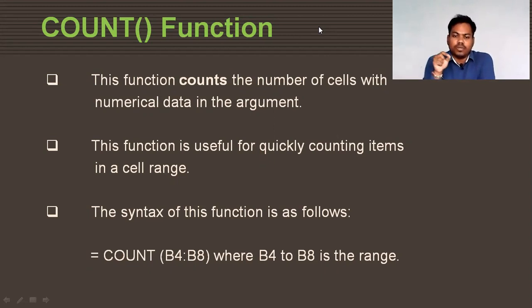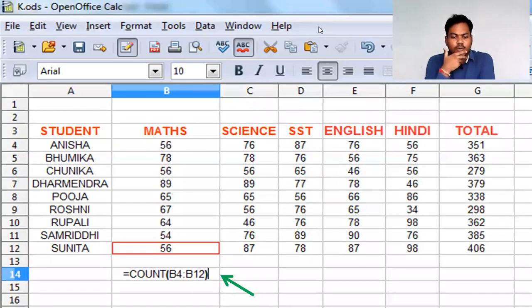This function is known as the count function, and it is used for quickly counting items in a cell range. And what is the syntax for this? Count, and in parenthesis we will mention the range. Same pattern: equal to sum, then in parenthesis mention the range; equal to count, in parenthesis mention the range. Like this we use sum, average, count.